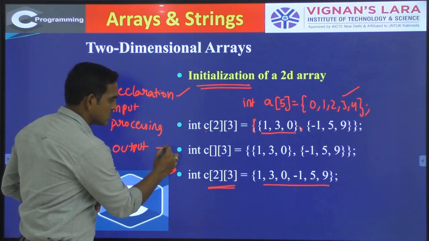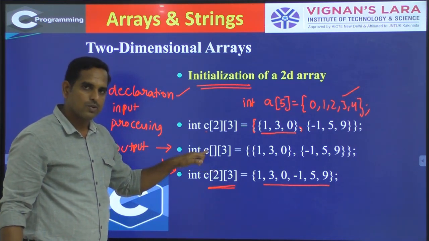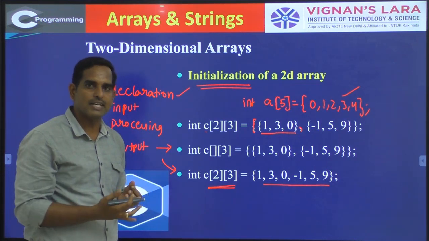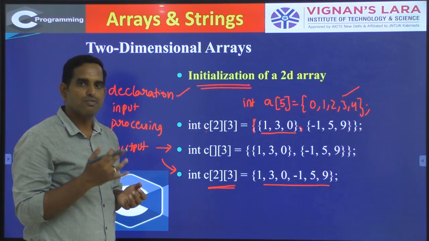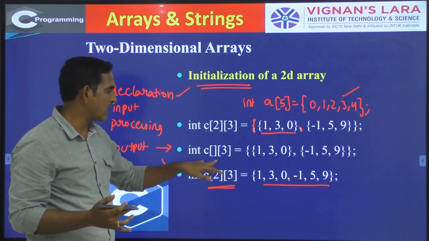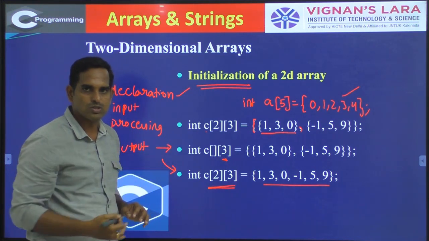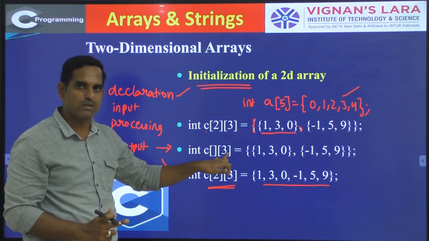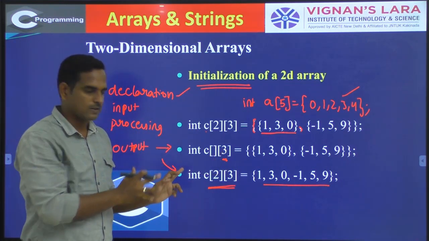The third method is, you need not specify the row size. When I am initializing my arrays while declaring, I need not specify the row size. If you don't specify the row size, what will happen? Based upon the column size, it will take the rows. So you have to definitely specify the column size. If you don't specify the column size, it will be giving you an error.